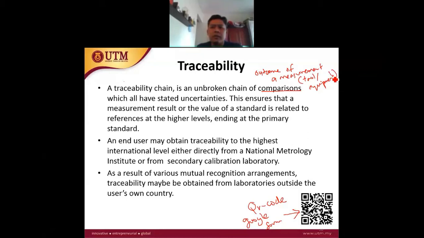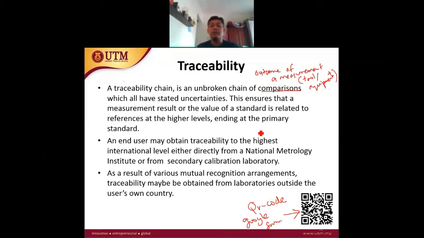So let's take something very simple. If you go to the market to buy goods or groceries, you have to know the weight.